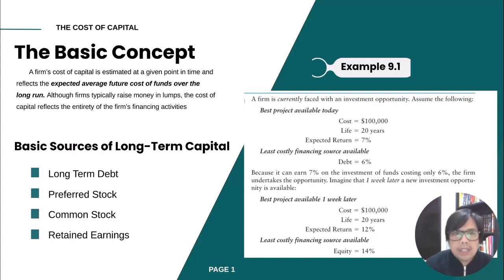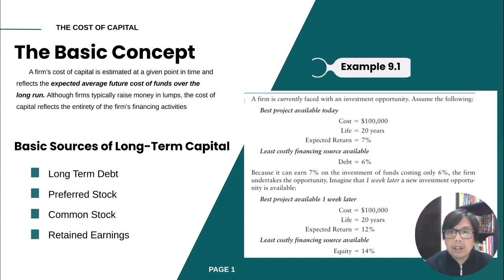To understand the basic concept, here's Example 9.1 explaining long-term capital. A firm is currently faced with an investment opportunity. Assume the following. Best project available today: the cost is $100,000, the life is 20 years, and the expected return is 7%.